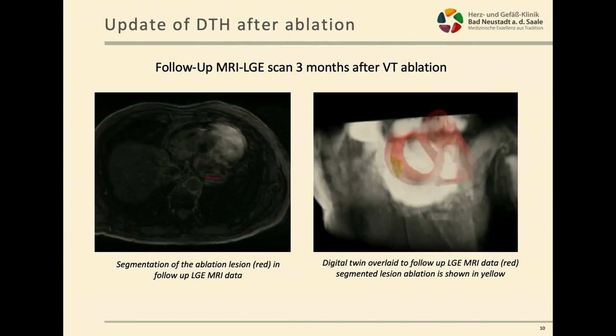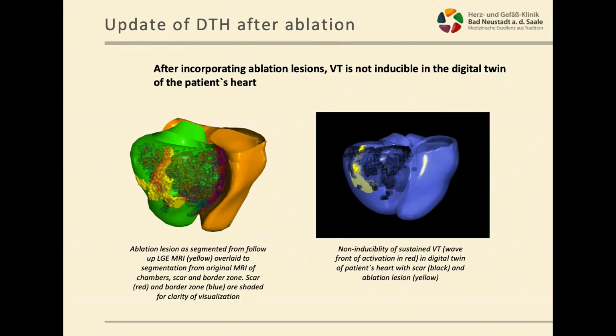It's hard to see right there, but putting this back into the 3D model, you can now see this was the original scar. This was what we did and what was left from our ablation 3 months after the procedure.